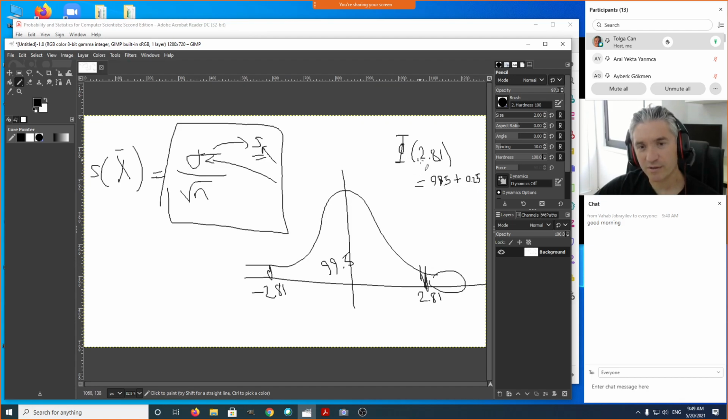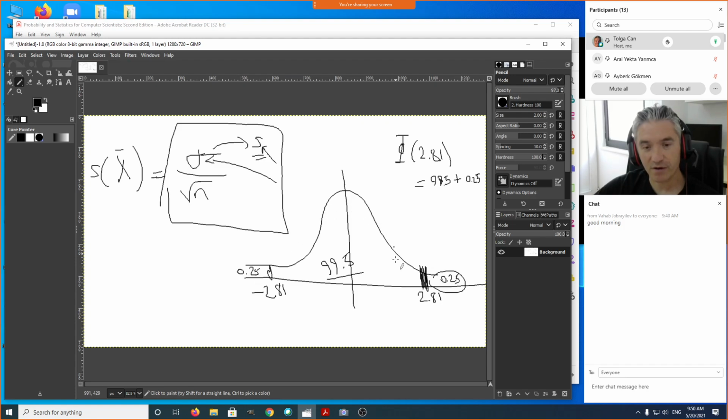So this is what that 2.81 is in the cumulative distribution function for the standard normal. If you go this much to the right, you're going to have 0.25% because the remaining is 0.5%. 0.25% is here and 0.25% is here.